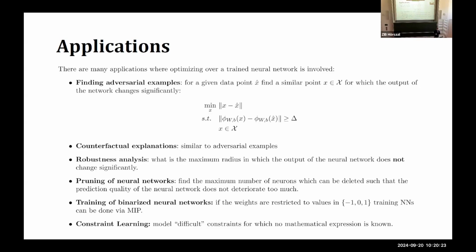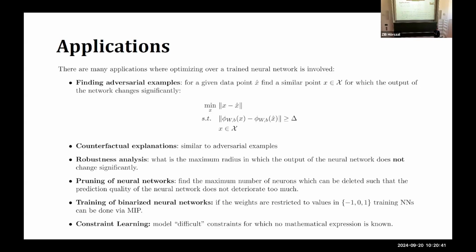That's why you want to have these examples. It's a way to fool your neural network, and it can improve the neural network prediction. So what you need here is to optimize over this. You have to model this here. You can model it as a mixed integer program.